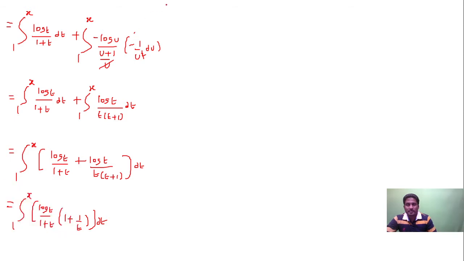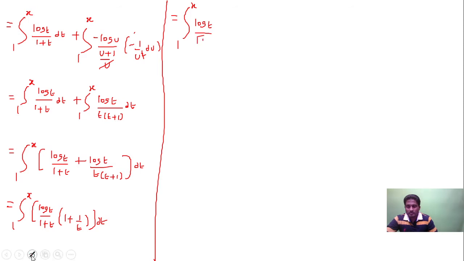Okay, so this can be written as integration of 1 to x, log t upon 1 plus t. If you cross multiply, this is 1 plus t, you get t plus 1 upon t, and then this is dt.